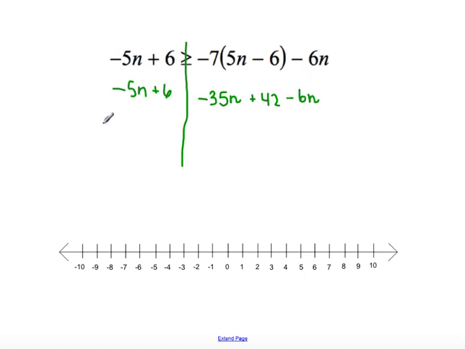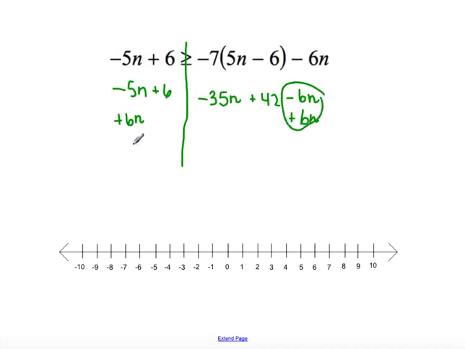Perfect. Okay, and I want to make n positive because then I don't have to worry about dividing by negatives and changing my sign. That's always my goal, is to keep our variable positive. So I'm going to add 6n so that at the end here we don't have to worry about variables being negative or flipping any signs.